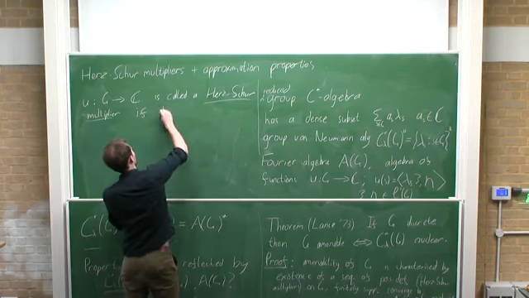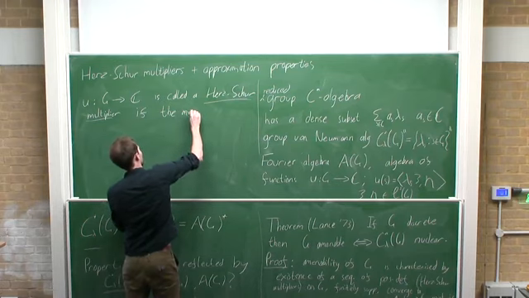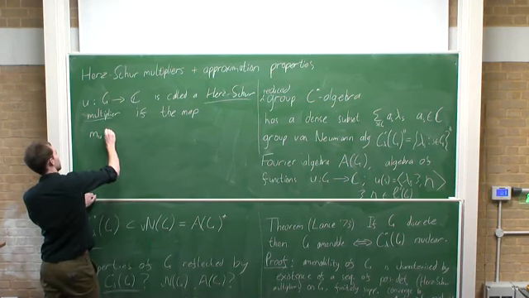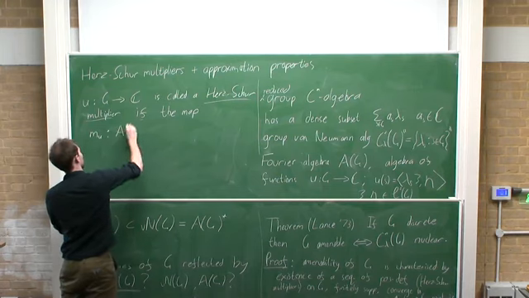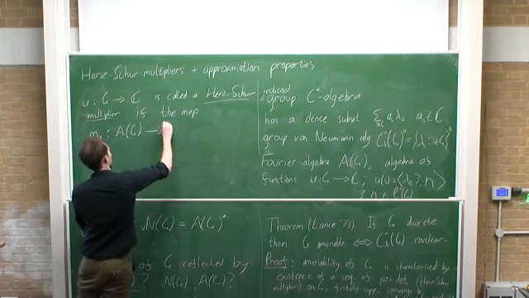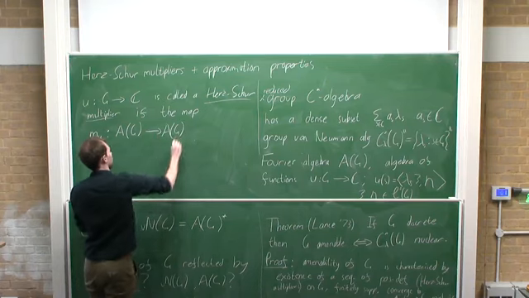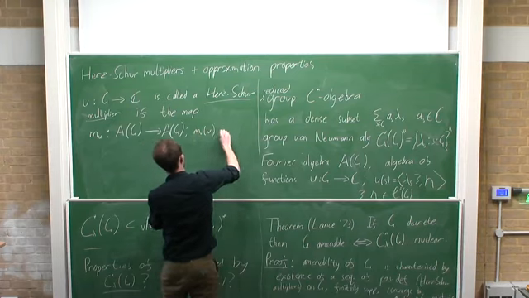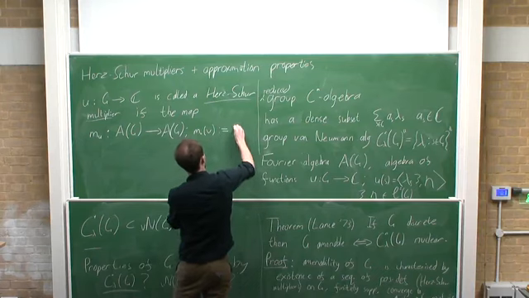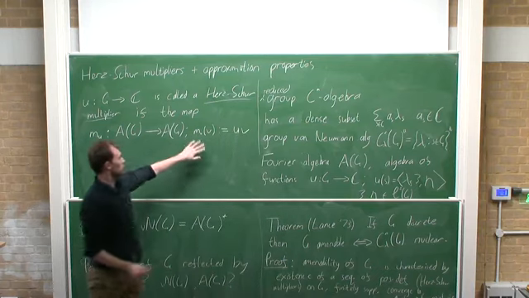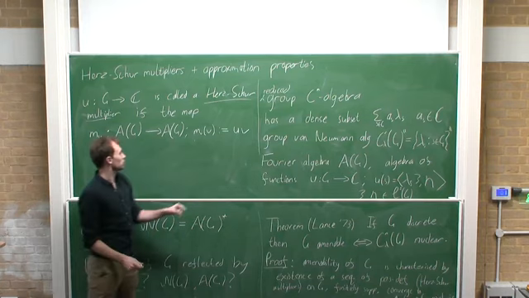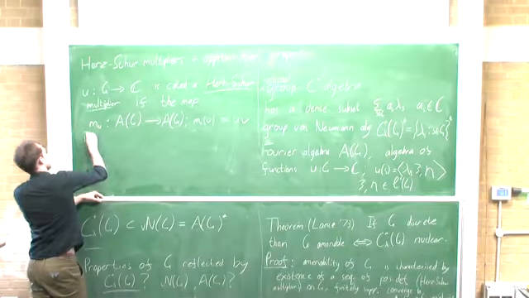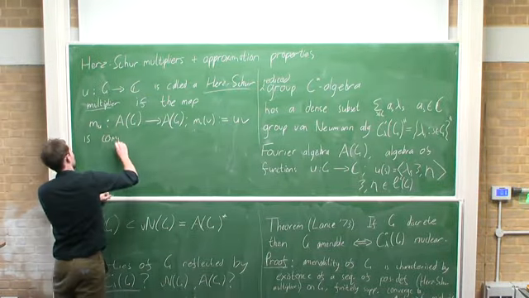So let's say M sub U on the Fourier algebra, where M sub U of V is just the pointwise product U times V, is a completely bounded map.